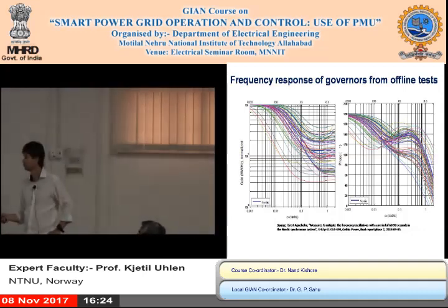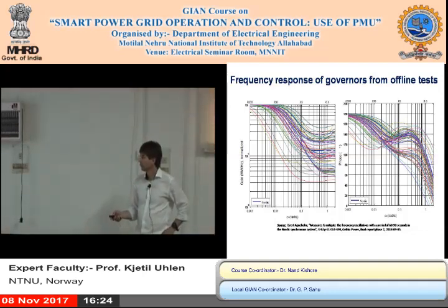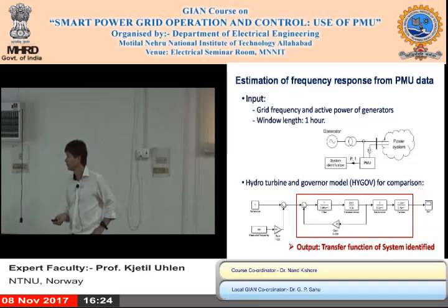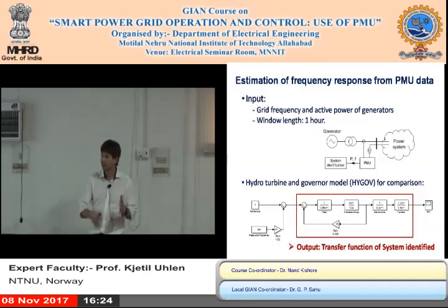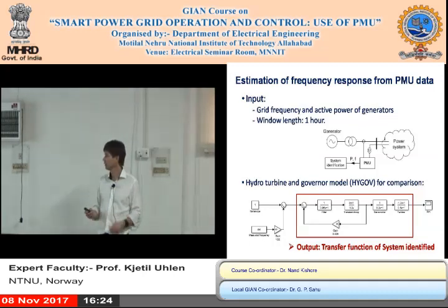So what is the truth? Well, at least we have found that it's possible, when you have variations in frequency, to estimate fairly well the turbine governor parameters in an online setting.